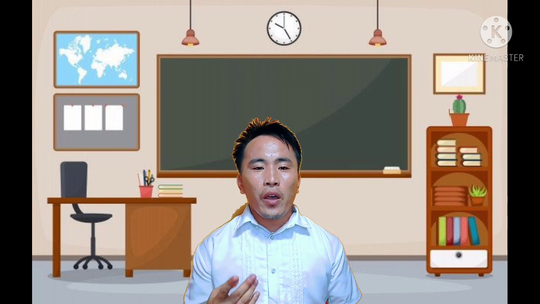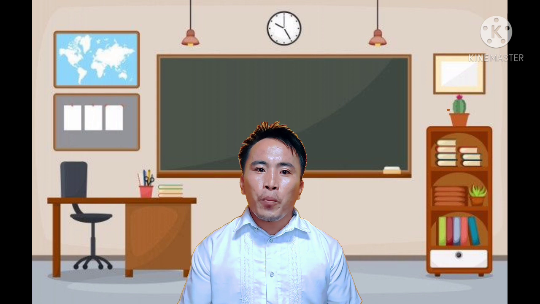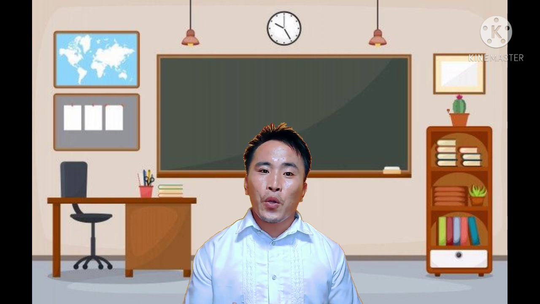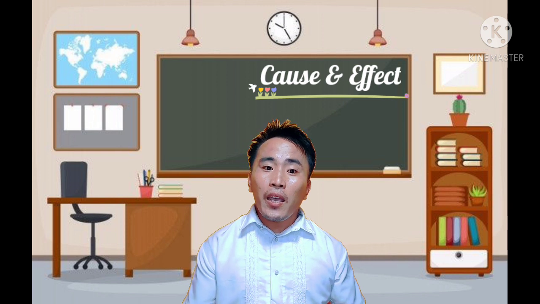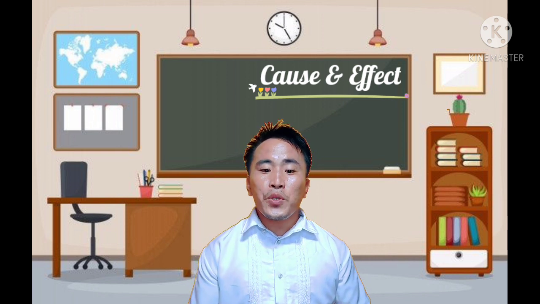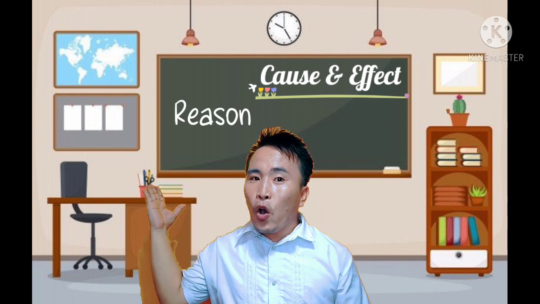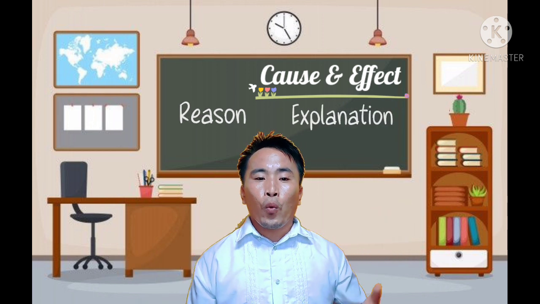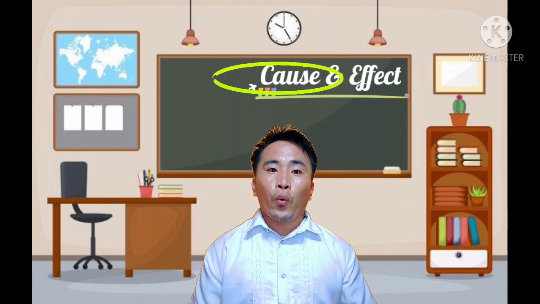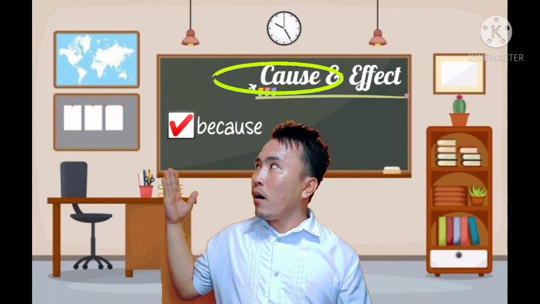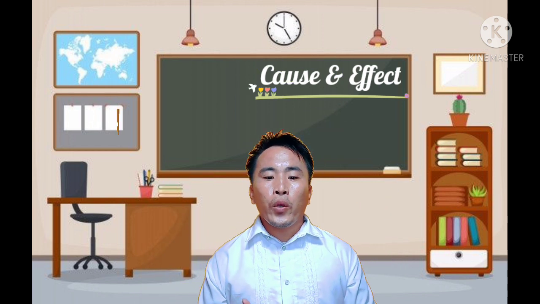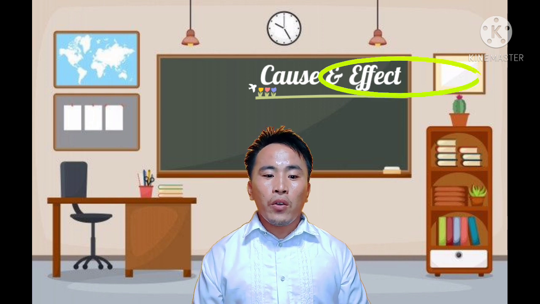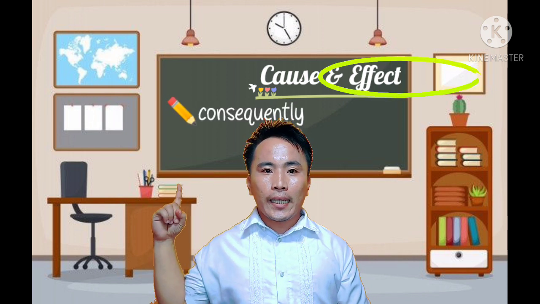To continue, the fourth structure of informational text is we have cause and effect. When we say cause and effect, it aims to provide a reason or an explanation. When we state the cause, we use the connector because and due to. However, when we state the effect, we use the word consequently.